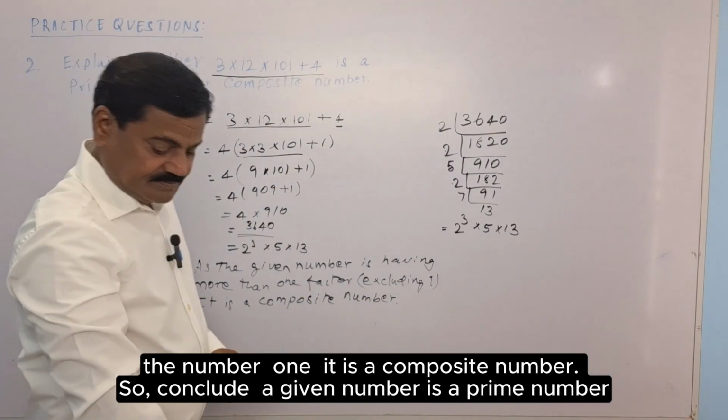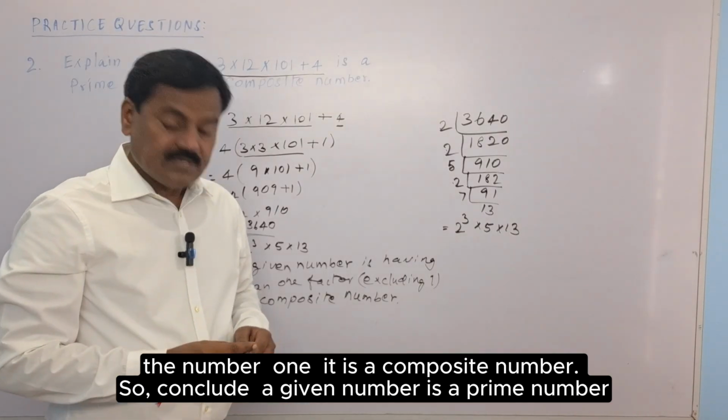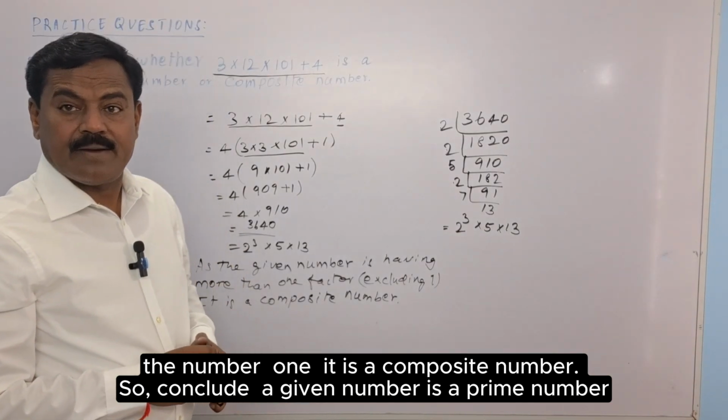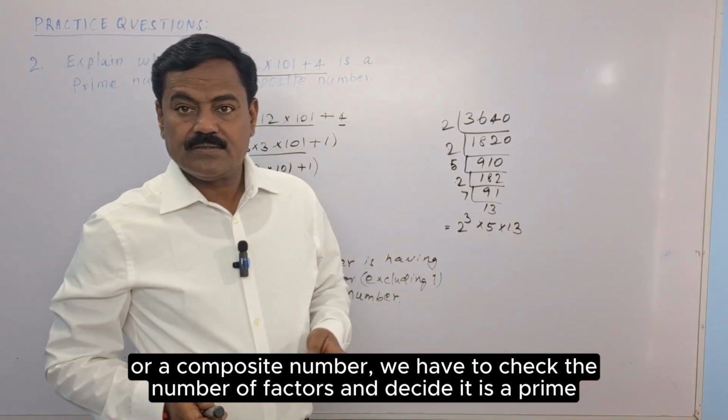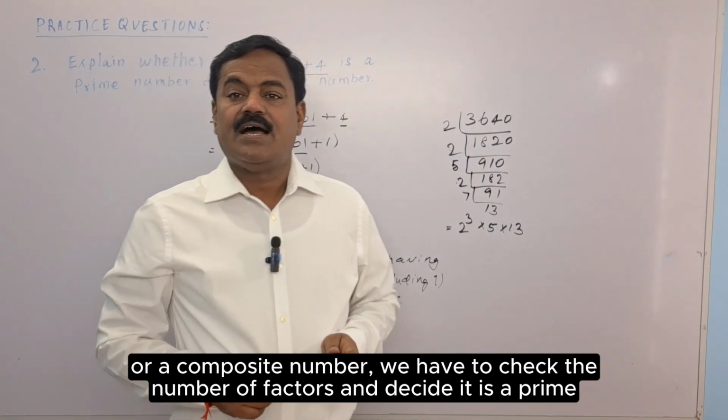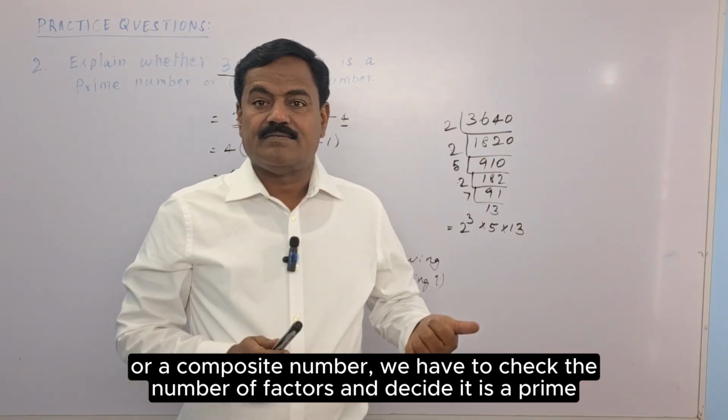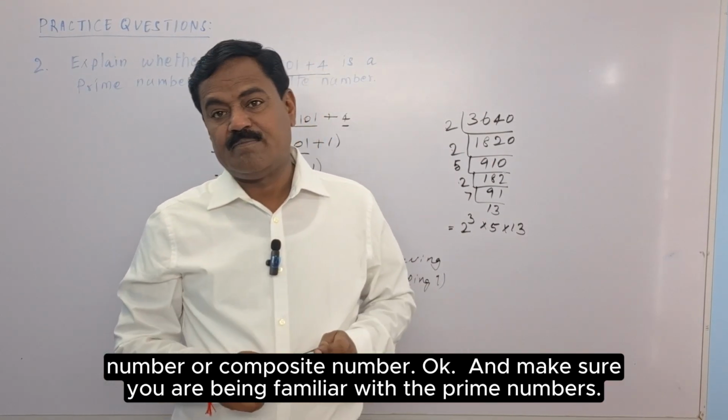Clear, students? So, to conclude, whether a given number is a prime number or a composite number, we have to check the number of factors and decide.